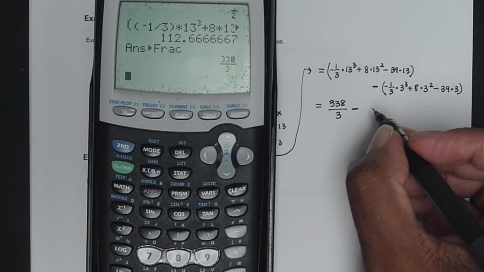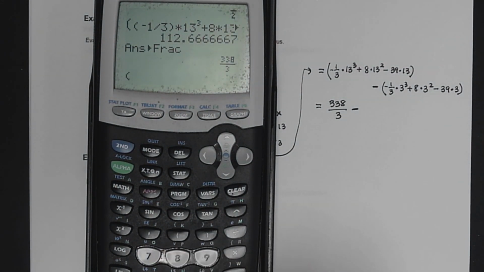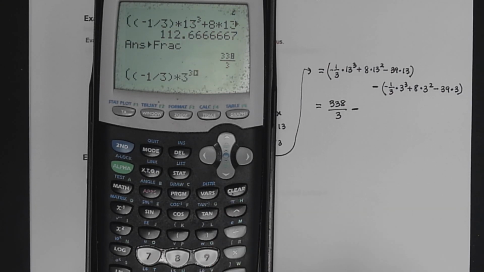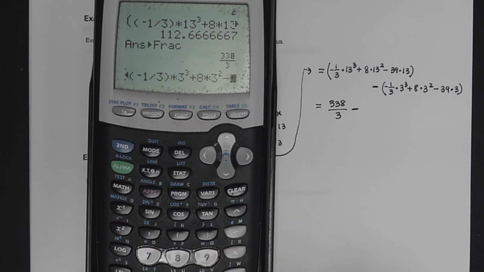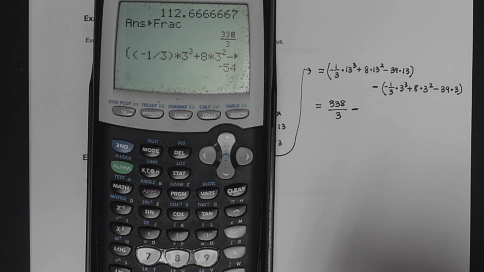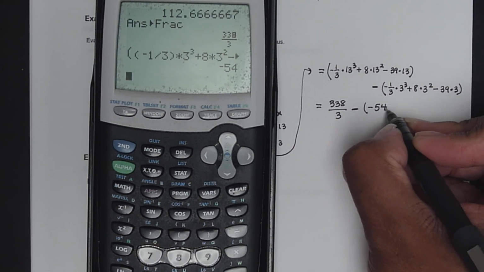And then minus this lower limit. So here we'll do left parentheses, and then left parentheses again for the negative 1/3. So it'll be negative 1 divided by 3 and close that parentheses times 3, hat key and cube it, plus 8 times 3 squared, minus 39 times 3, close parentheses. So this is a minus a negative 54.